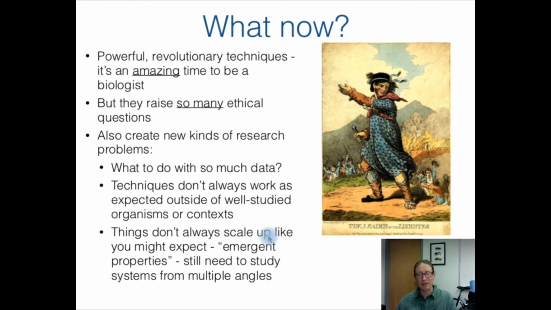Instead, what's really happened is the tools have allowed us to explore some types of questions, but they've created different types of research problems instead. So yes, we can sequence a lot of genomes very quickly and relatively cheaply. It's still not a trivial expense, but it's a far cry cheaper than it used to be.